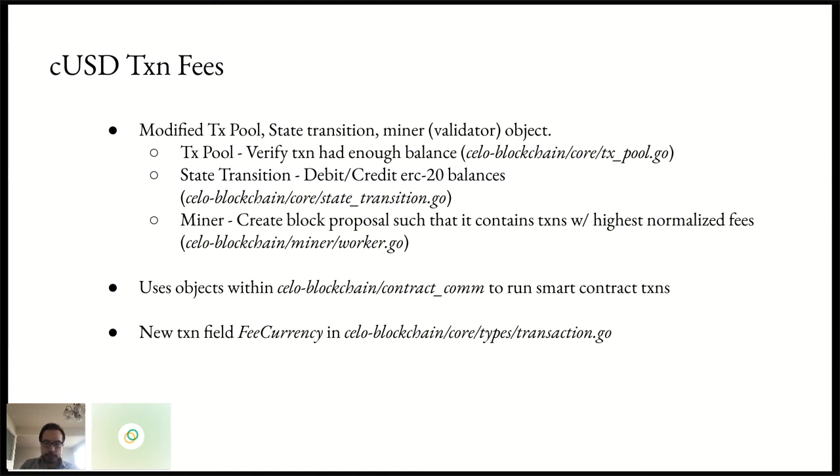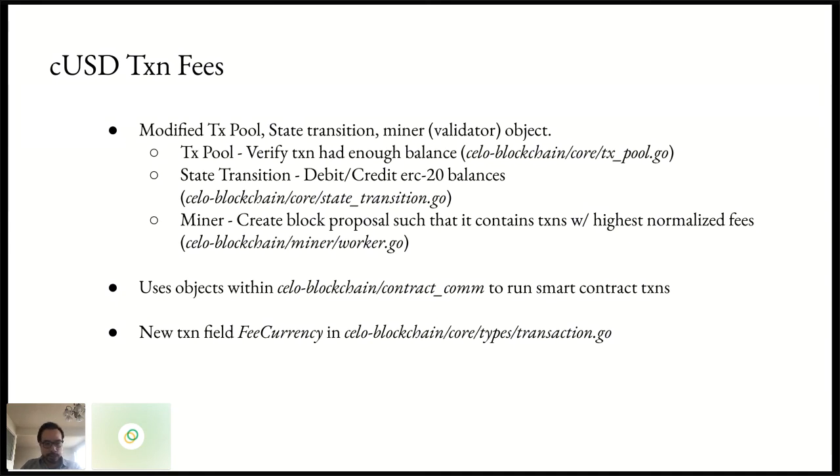For the transaction pool, we had to add support so that whenever a node discovers a new transaction that has not yet been finalized on the chain, it has to verify that transaction's balance.